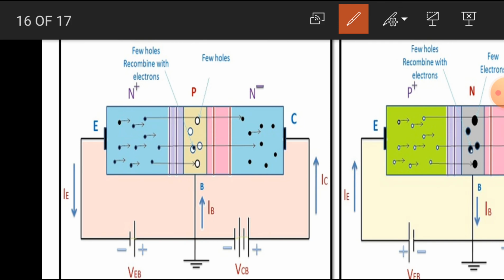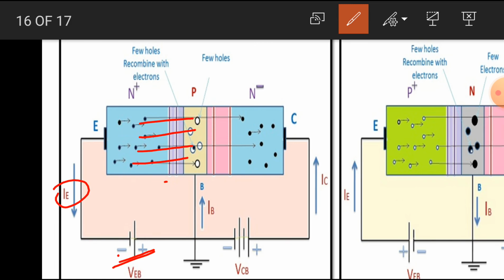Okay. Now what happens when we apply a forward bias across the emitter-base junction? These electrons are repelled by the negative terminal and enter into the base. In this process, it constitutes the emitter current.